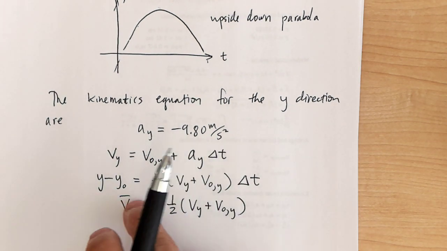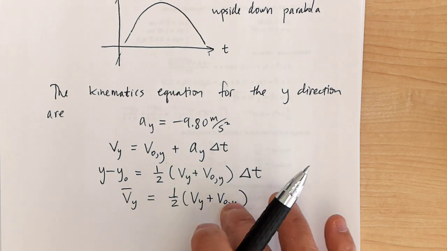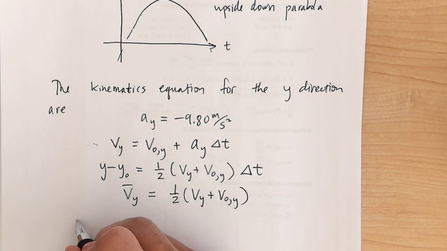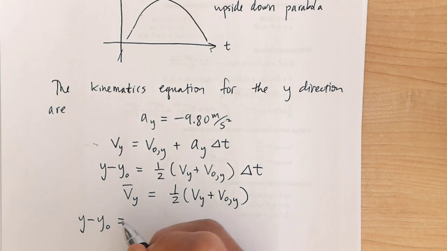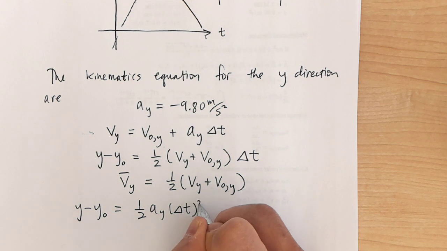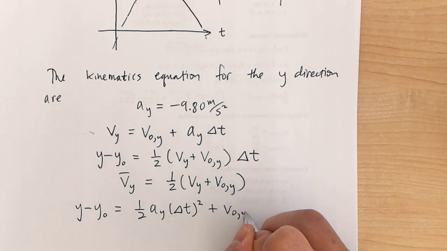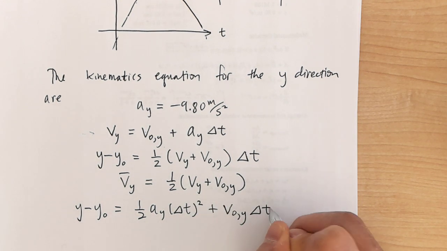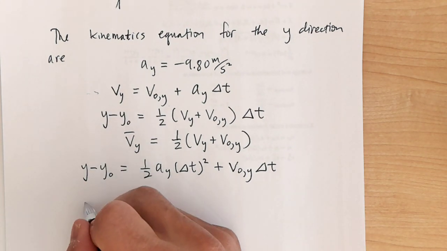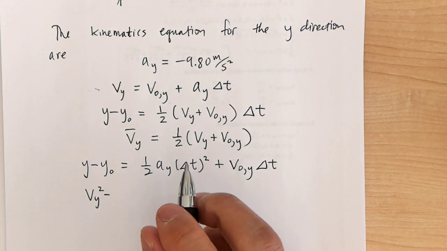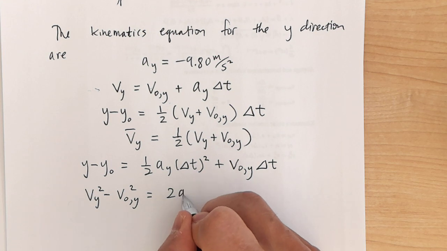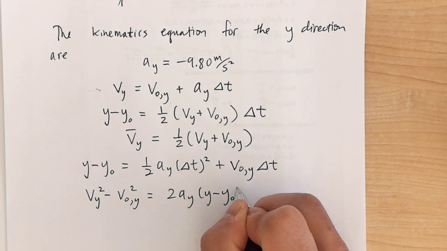So this was not all that useful, but the ones that were really useful were this one, as well as this one: y minus y0 is equal to 1/2 ay delta t squared plus initial velocity v0y delta t. And then we had the formula without any delta t's: vy final squared minus v initial squared is equal to 2ay times (y minus y0).